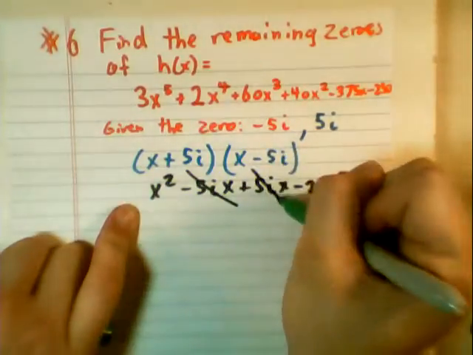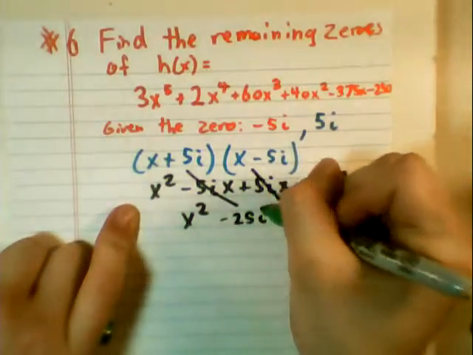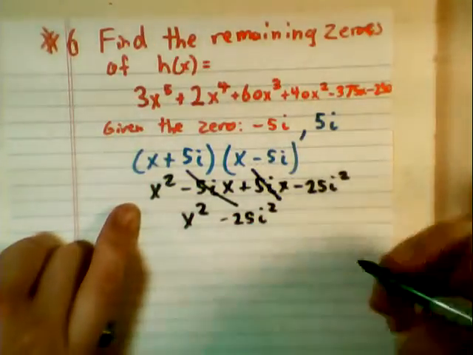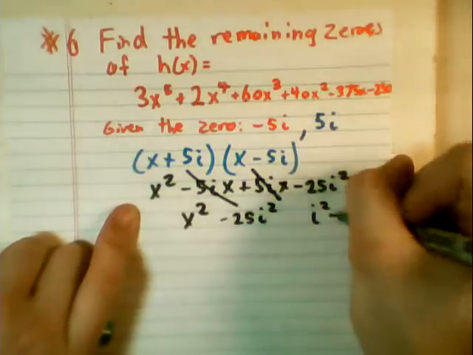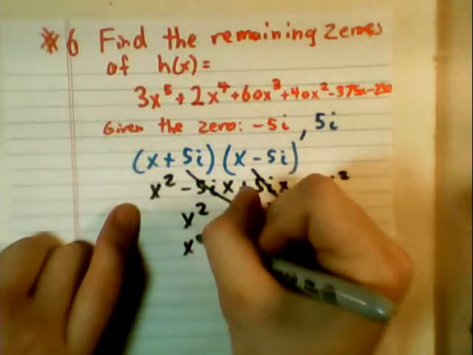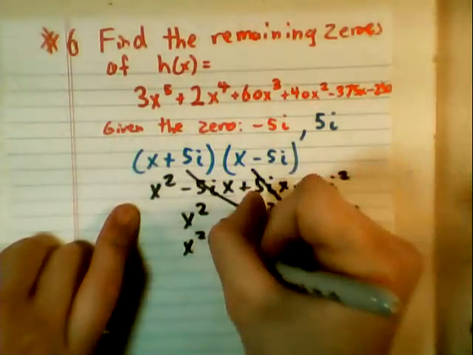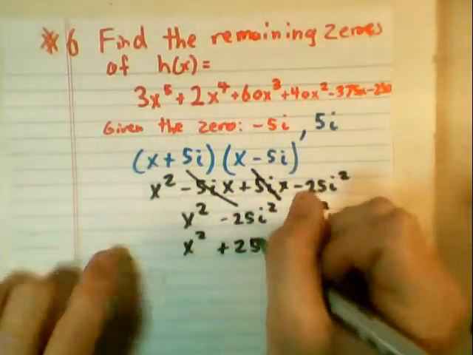So the middle terms cancel. We're left with x squared minus 25i squared. Now remember, i squared equals negative 1. So we can substitute that in, and we get x squared, negative 1 times negative 25, which is positive 25.